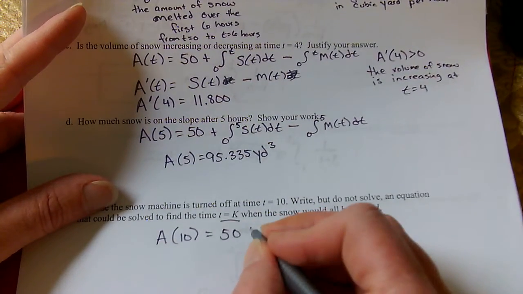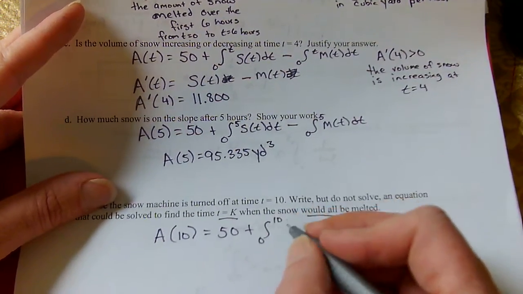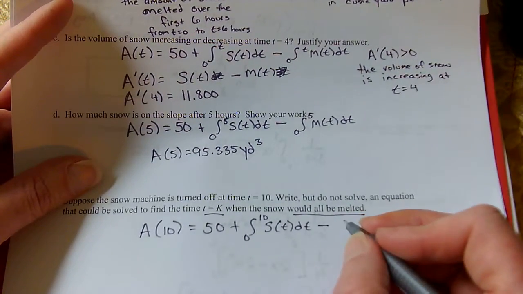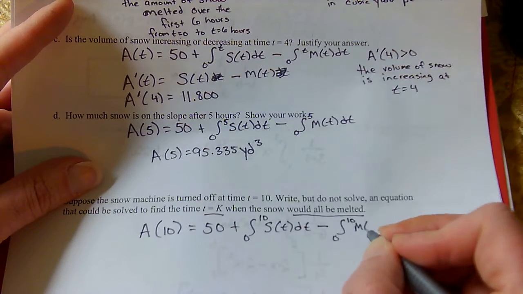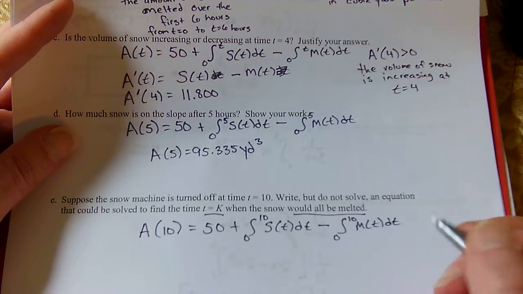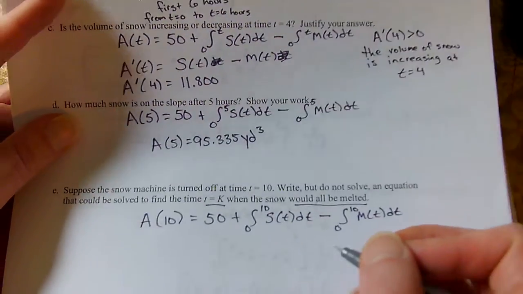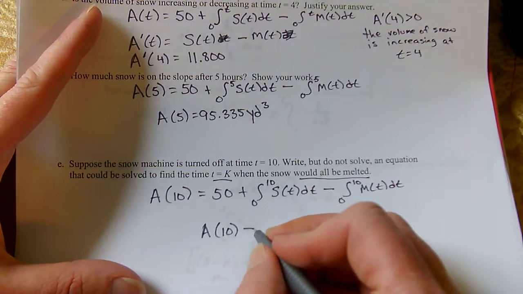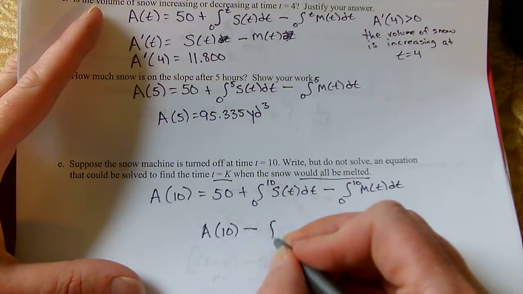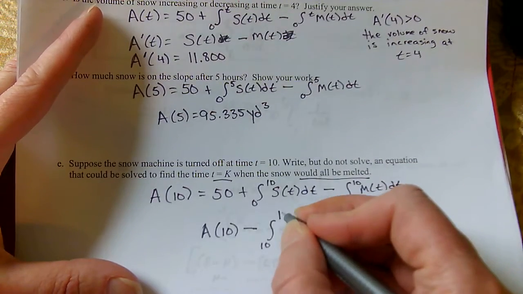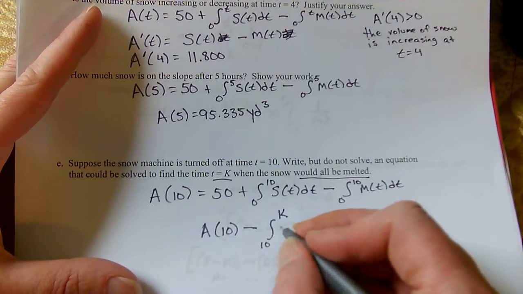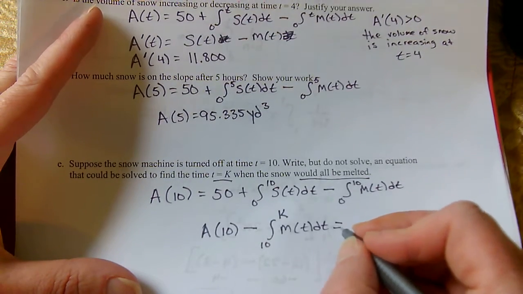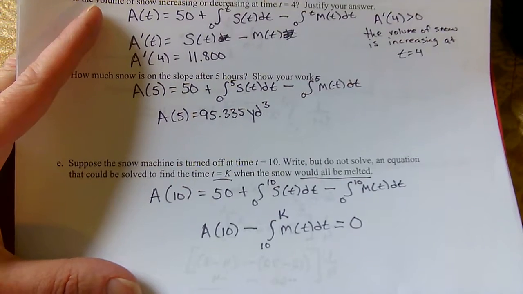That would be 50 plus the integral from 0 to 10 of s of t dt minus the integral from 0 to 10 of m of t dt. And if we took the amount of snow at time 10 and subtracted how much melts from 10 to whatever time k, m of t dt, where there was no more snow left.